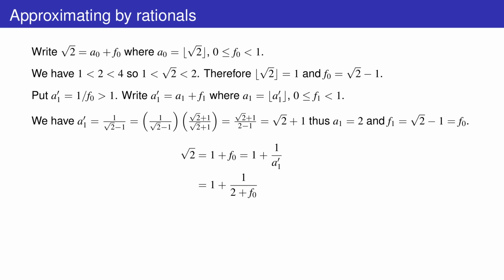So we can write 2 plus f0. Once we realise that, we've done all the work already. We can write f0 as 1 over a1 prime, we've already decomposed a1 prime as 2 plus f0, and we can repeat this process. And you can see this 2 must therefore repeat.